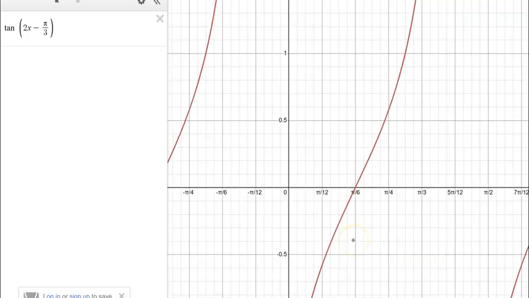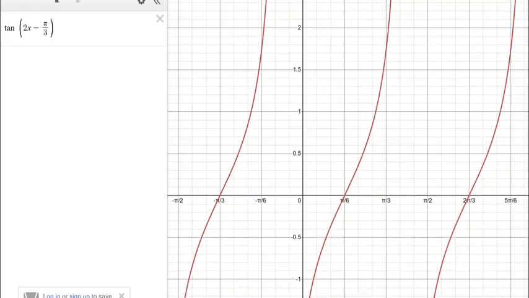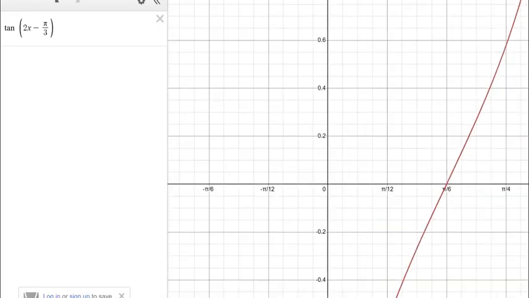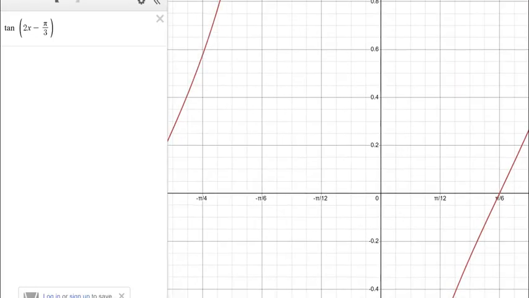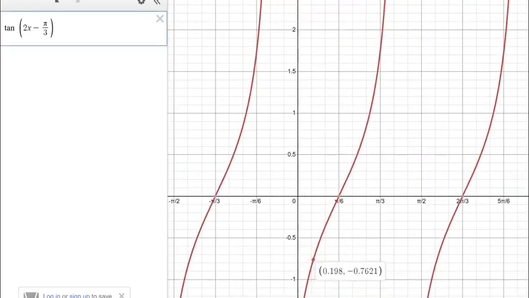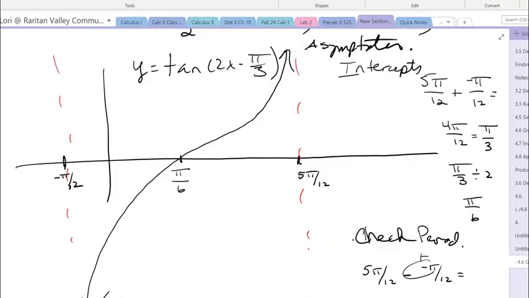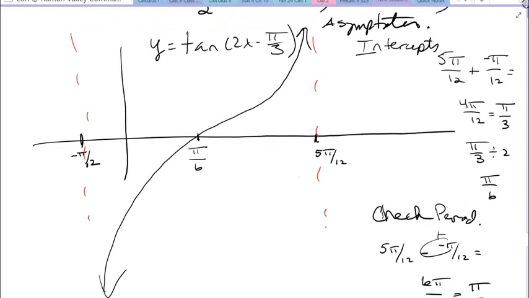There's our pi over 6. Your asymptotes aren't going to show up, but you can take a look. There's 5 pi over 12. That's clear, that's an asymptote. And there's your negative pi over 12. So your asymptotes are there.